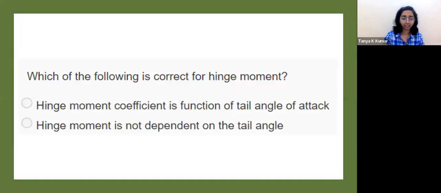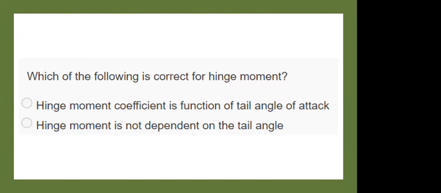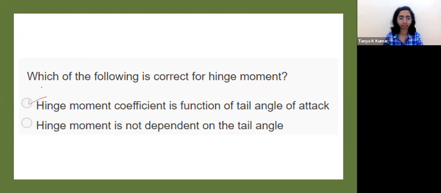Okay. Next question. Which of the following is correct for hinge moment? Hinge moment coefficient is a function of tail angle of attack, or is it not dependent on tail angle of attack? Very simple. We just saw this. Option A. It is a function of angle of attack.